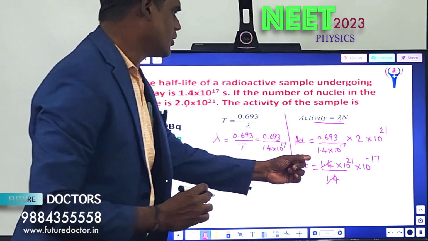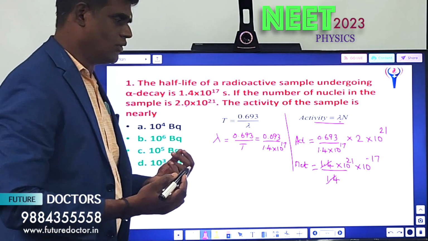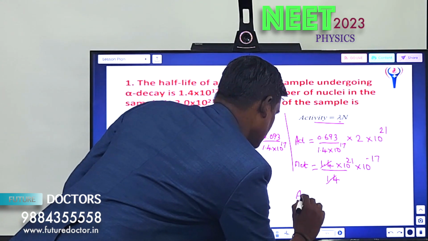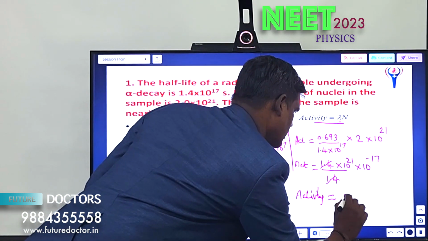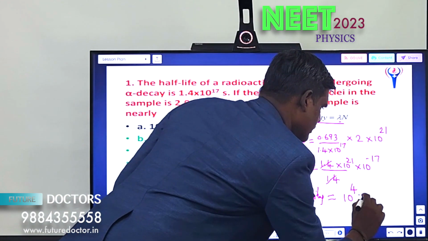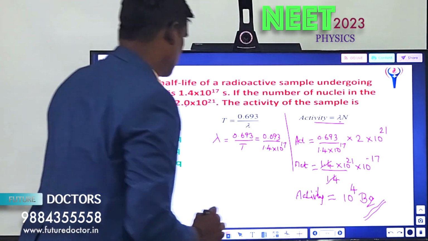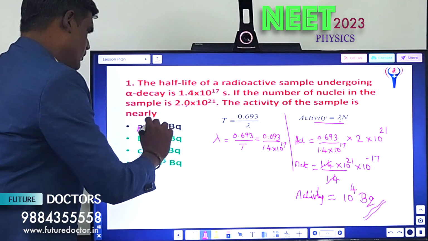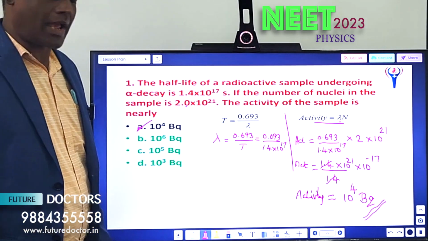Then 10 power 21 minus 17 is 10 power 4. Therefore, activity equal to 10 power 4. Unit of activity is becquerel, that is Bq. That is option A. Option A is the correct answer.